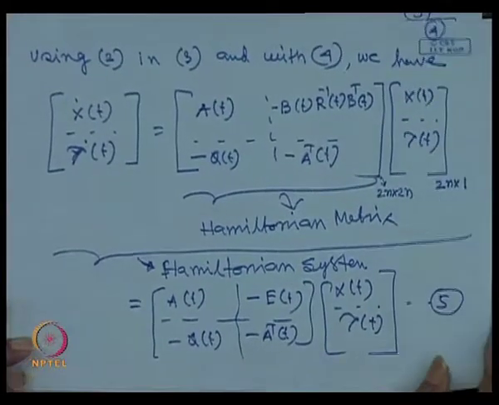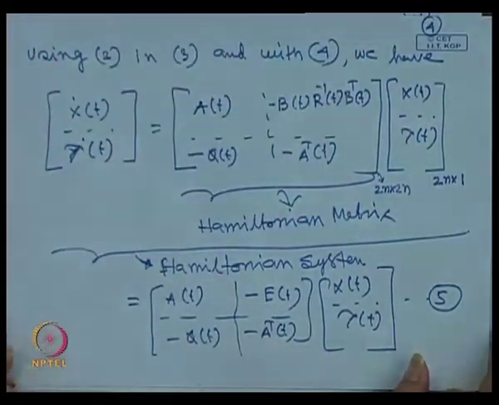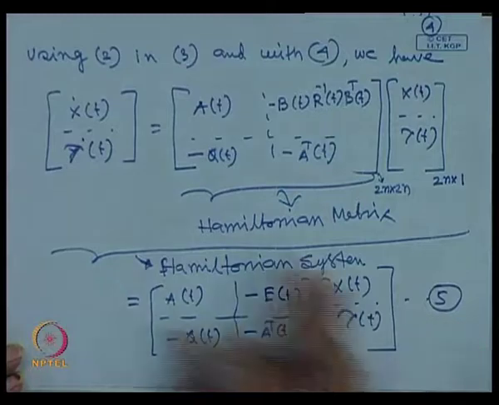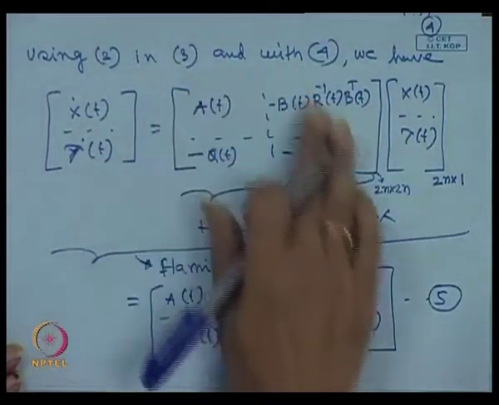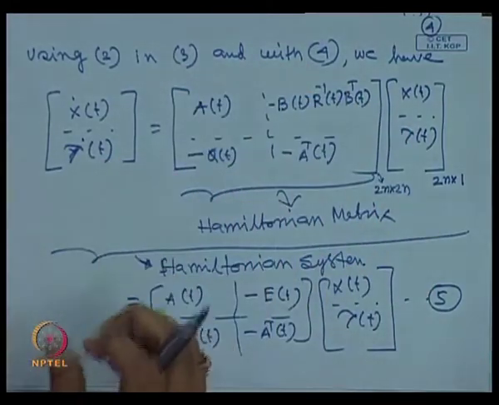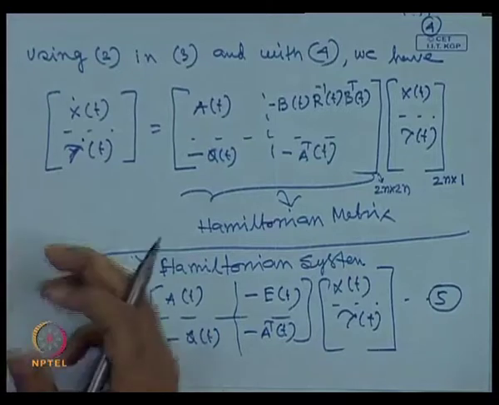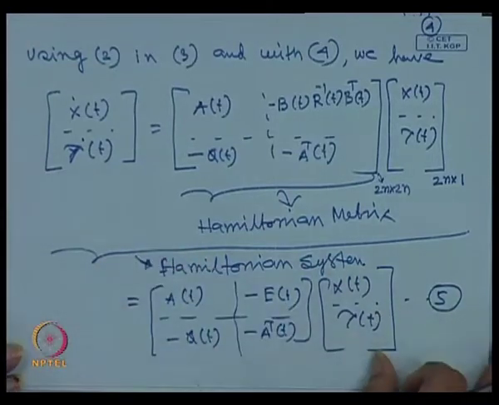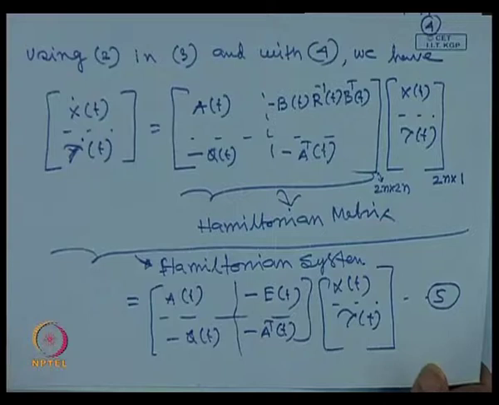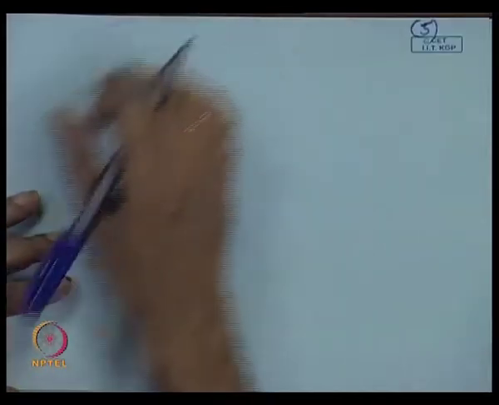Now I want to show you with a similarity transformation that these eigenvalues are nothing but the eigenvalues of the closed loop system, and the other eigenvalues are those of the system matrix of the co-state vectors, lambda dot.